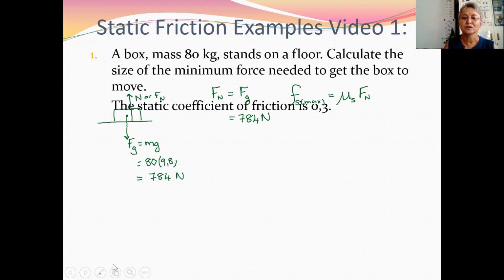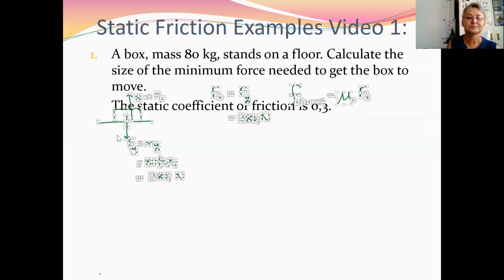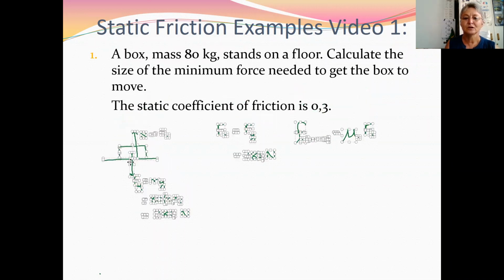The static coefficient of friction is 0.3. Oh my, I wonder whether I can move all these things down a bit. There we go.